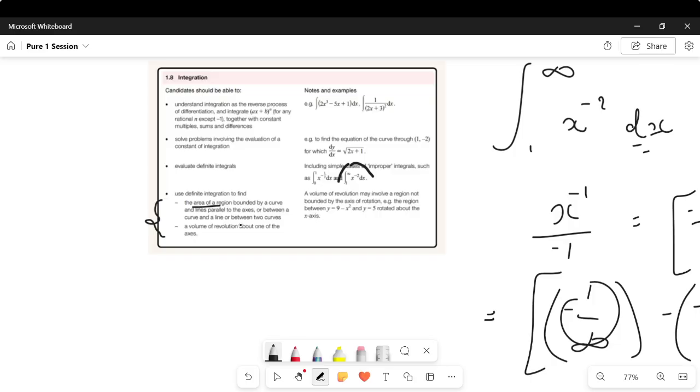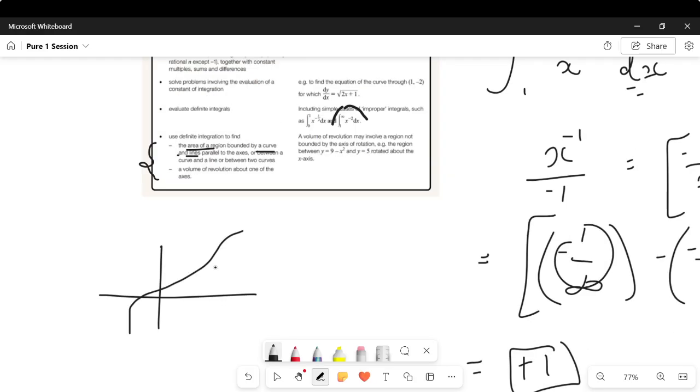It's tweaking again. Let me just make a curve. Let's say you have something like this, and then you have a line going like this, and they ask you to find the area between this region. Initially it seems a bit weird.